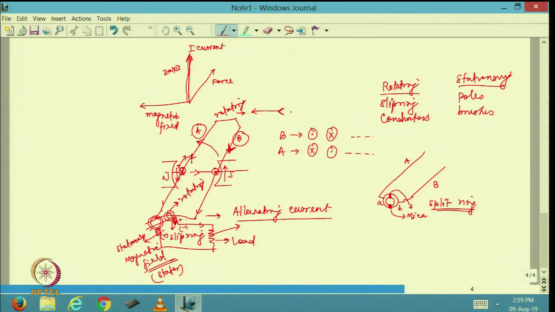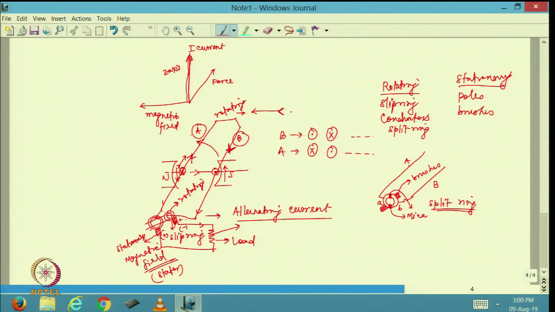Now, I am going to have one brush, let us say, connected here and another brush connected here. The brushes are made up of carbon, which is a little soft material, whereas the split ring will be made up of copper and mica. Mica is meant for insulation and the copper is essentially brazed or welded with the conductors. So, now the split ring will be rotating.